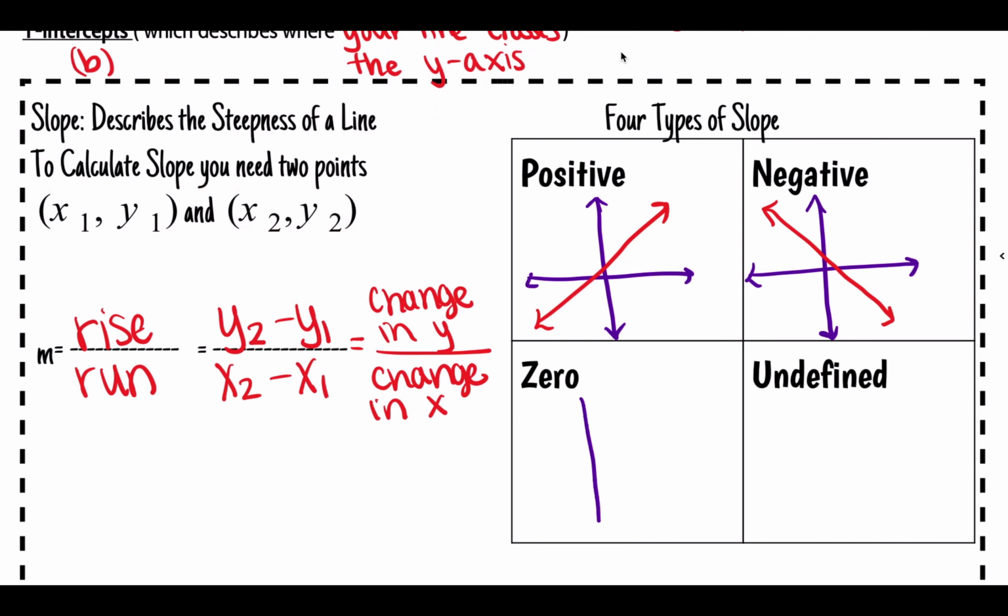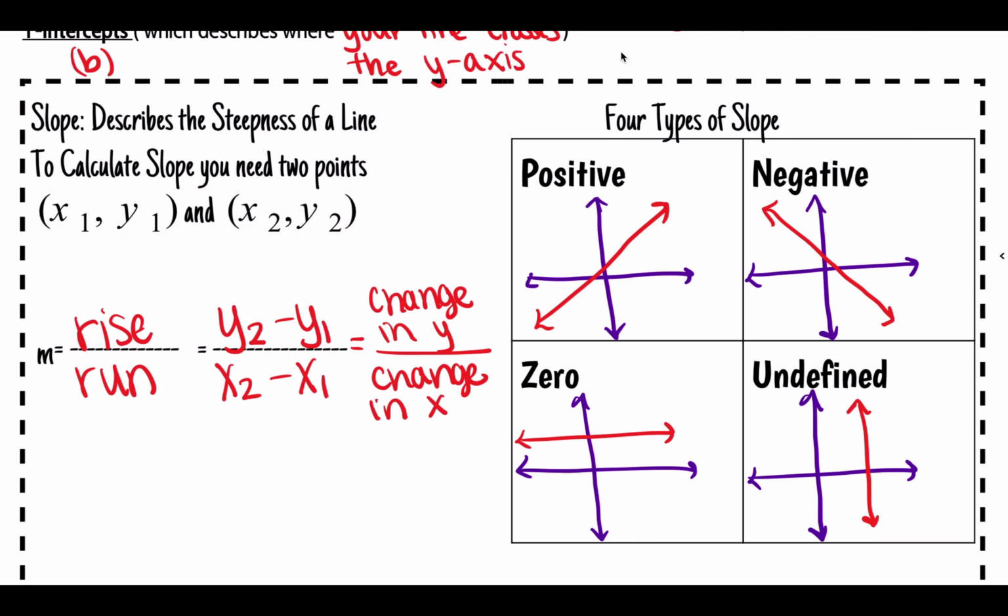A slope of 0 is when you have a horizontal line. Horizontal, think horizon, it's flat. So that's a slope of 0. And a slope of undefined is when you have a vertical line. So there is no slope.